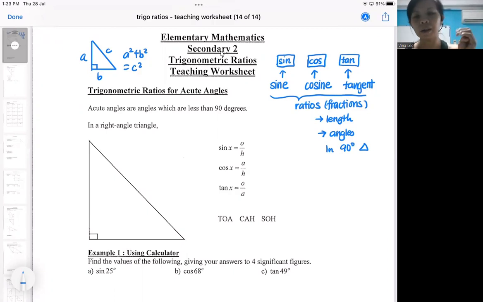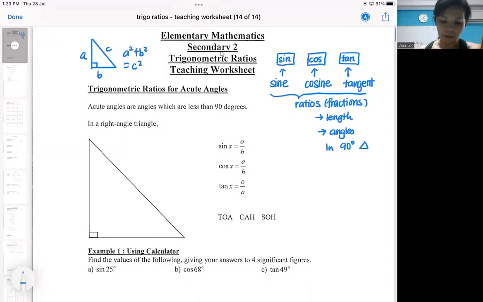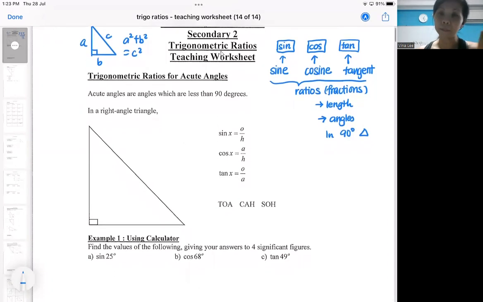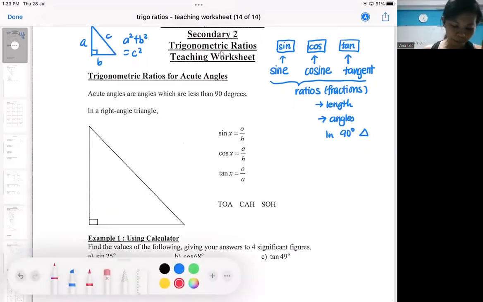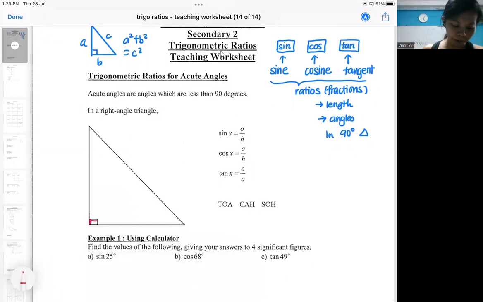But usually the angles have to be in a right angle triangle. Let me introduce the notation first. You'll find very weird notation, but one of the most important ones will still be your hypotenuse. Remember the hypotenuse was important in Pythagoras theorem.